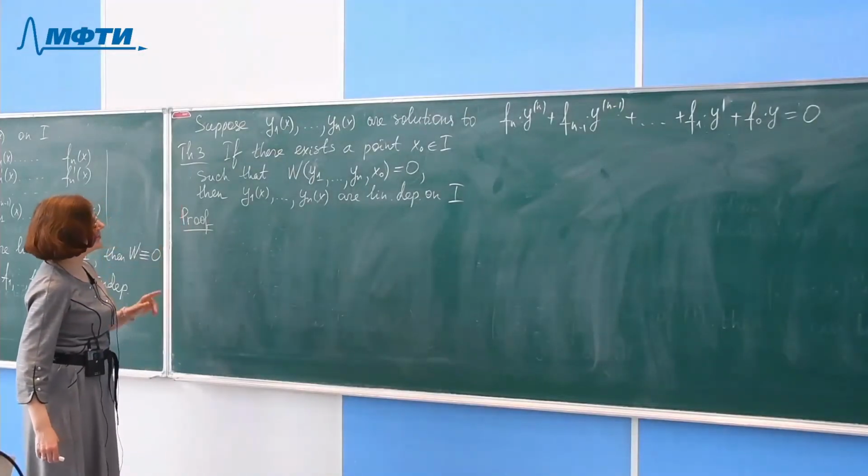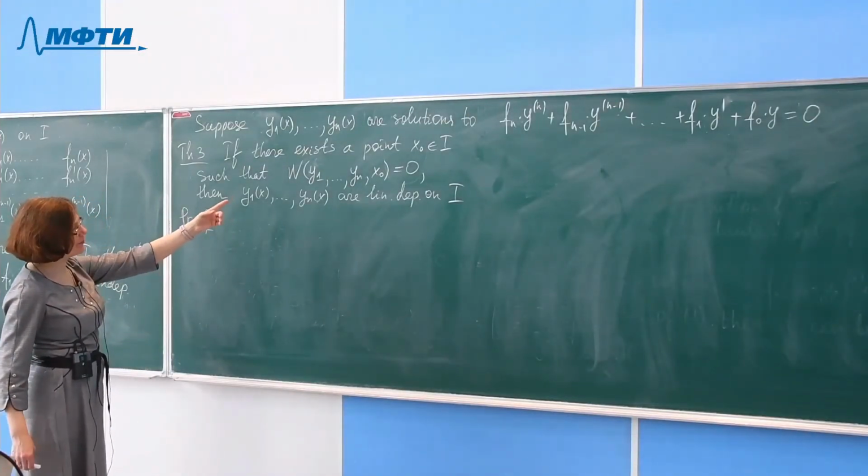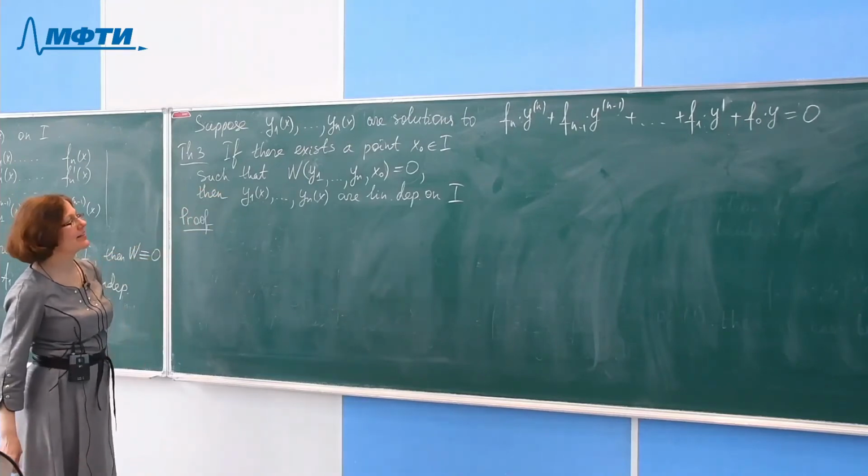Let's continue our proof. So suppose there is a point such that the Wronskian is 0.